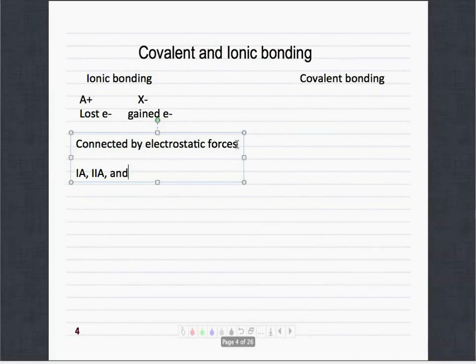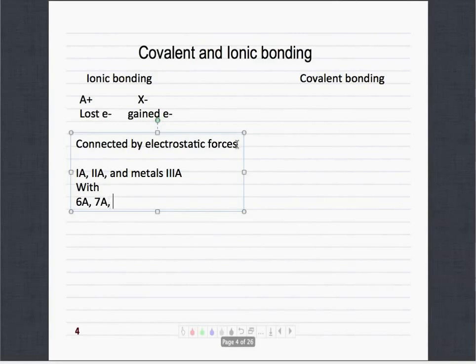Not within each other, not 1A with 2A. Okay? So this is where ionic bonding takes place. And we're going to talk in detail about why that is the case, but this is the general idea.